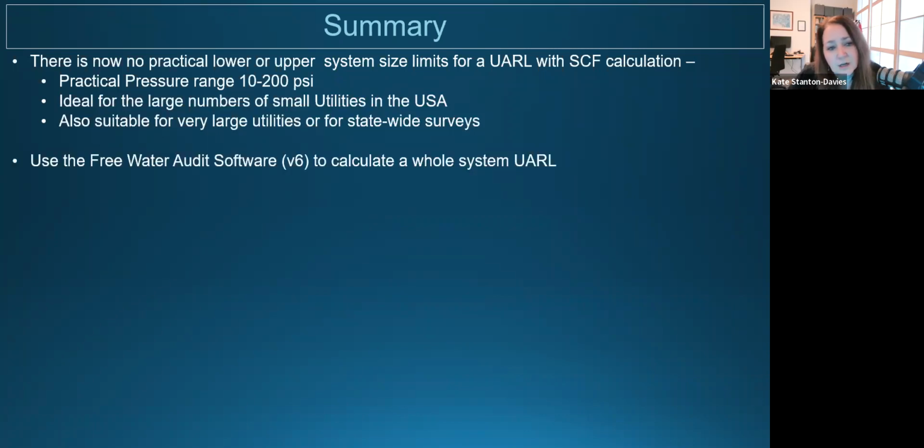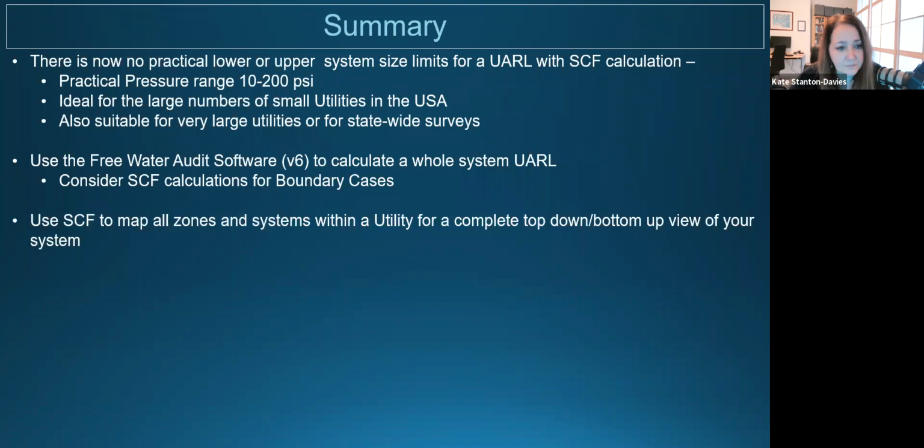Remember to calculate a whole system UARL and your ILI using the standard 1999 UARL equation, and consider using SCF calculations for boundary cases. Those are systems or zones or DMAs with less than 5,000 service connections, which may also be operating at lower than 45 metres pressure, or higher than 60 metres pressure.